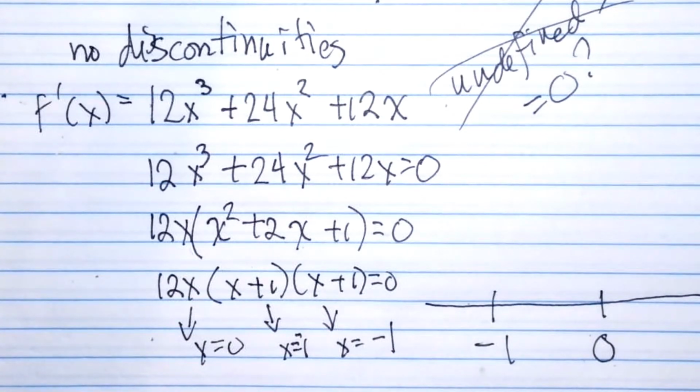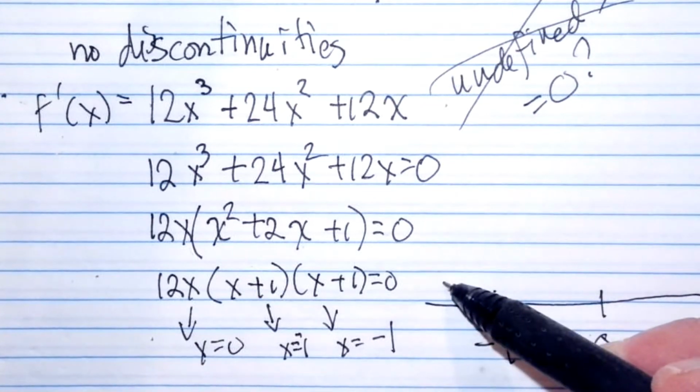There are no discontinuities, and these 2 points, negative 1 and 0, are the only critical numbers. So those are the only 2 points where the function can change from increasing to decreasing or decreasing to increasing.